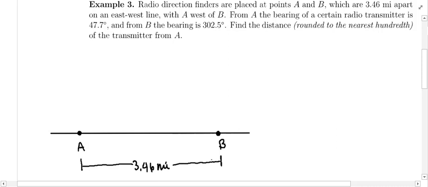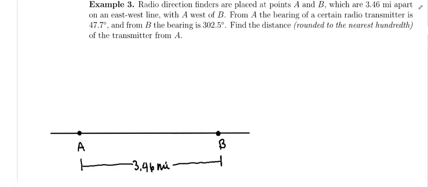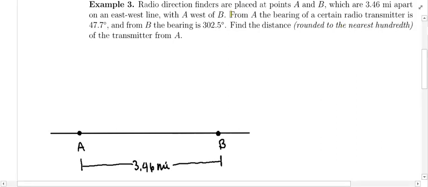And now it says from A, the bearing of a certain radio transmitter is 47.7 degrees. So let's deal with that. From A, the bearing of the radio transmitter is this. At point A, the bearing is given just as an angle, so we've got to set up our cross here.